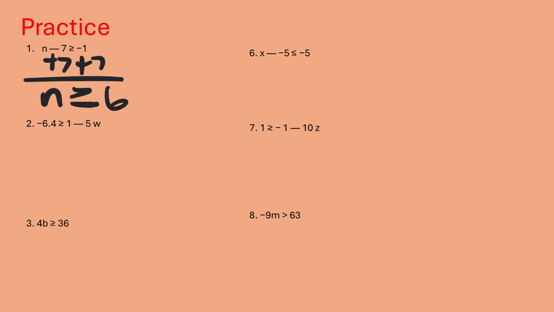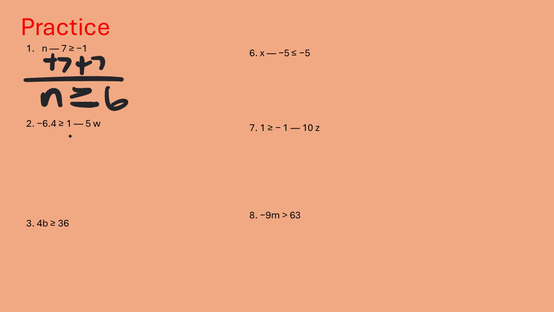Number 2. What do we have there? We have negative 6.4 is greater than or equal to 1 minus 5w. Who am I solving for here? My w. So I need to start getting rid of it. What am I going to get rid of here first? Can I get rid of my 5 yet? On this part of the inequality, I should get rid of the 1 first.